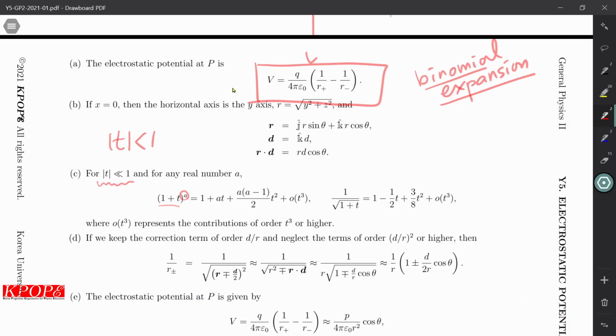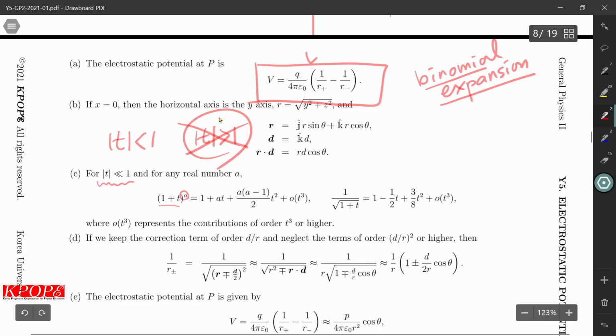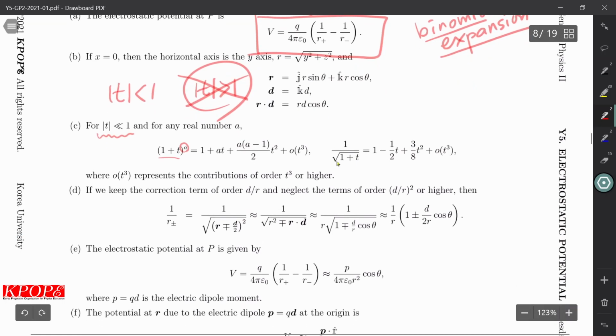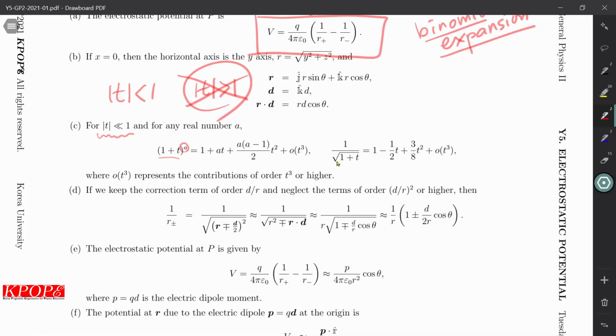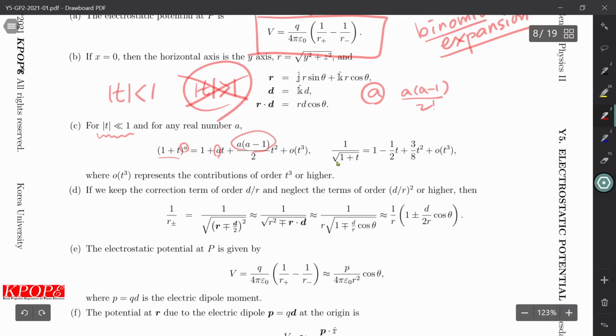We must not consider the case where t is greater than 1. In this case, we cannot apply the binomial expansion. The series does not converge to a certain value. Then the coefficient: the first one is a, the next one is a times a minus 1 over 2 factorial, and the third is a times a minus 1 times a minus 2 over 3 factorial, and so on.